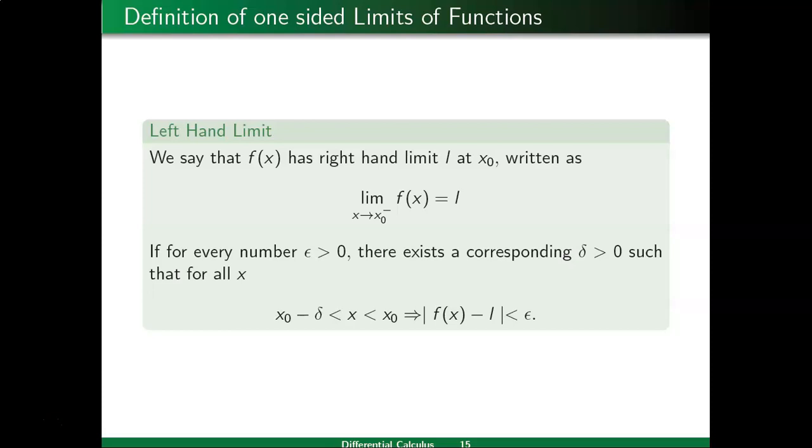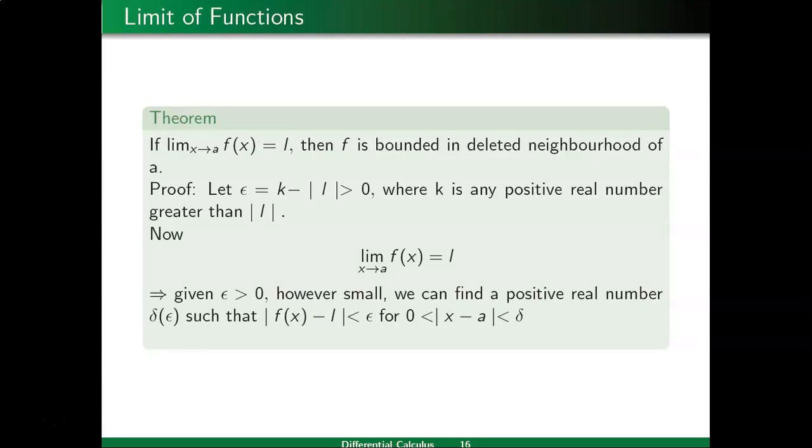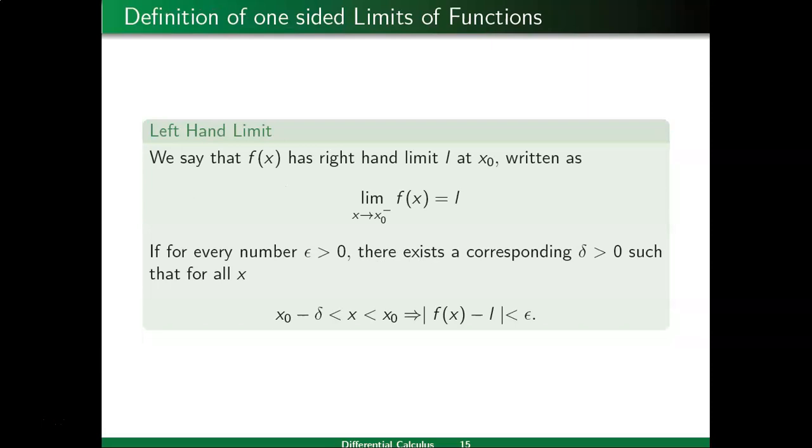Before moving to the next theorem, we should take care of important points here. When does the limit of f(x) exist? Number one, if the left hand limit of f(x) is not equal to the right hand limit, or one of them does not exist, then the limit of f(x) as x tends to x naught does not exist.